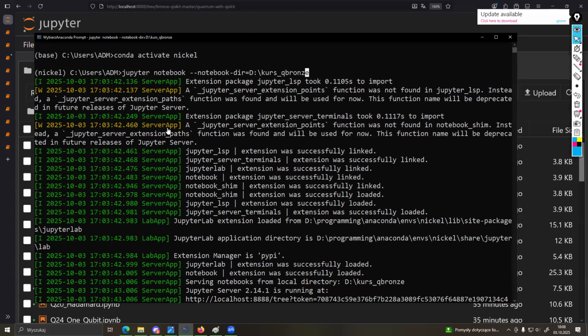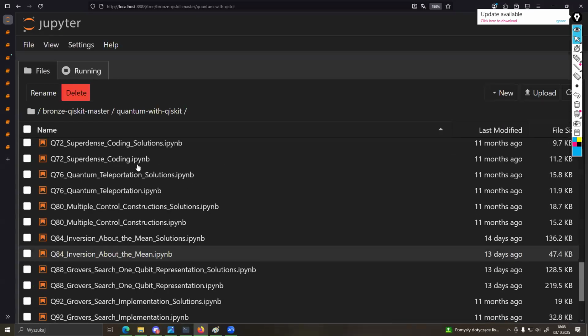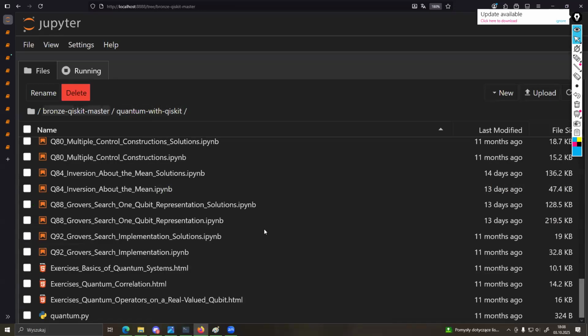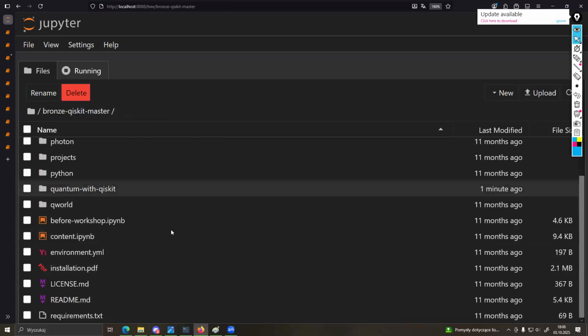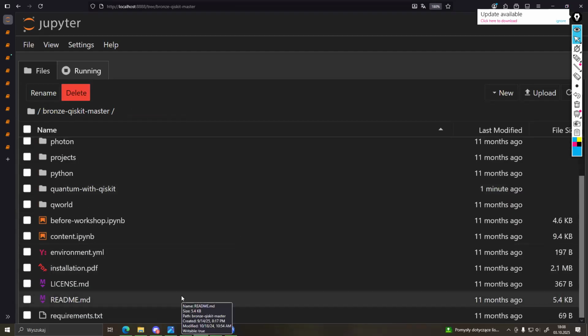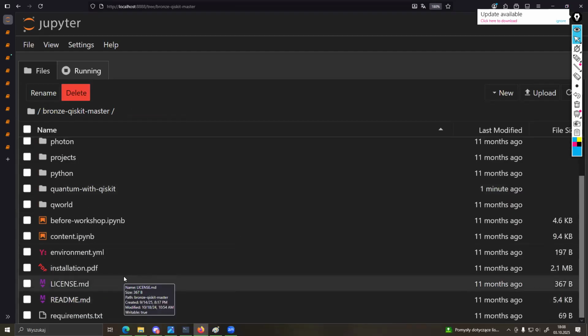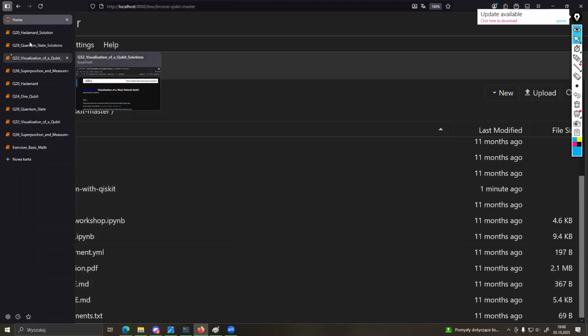This is the application that comes with Anaconda once you install everything from the installation instructions that were attached to our Qiskit repository. But without further ado, let's jump into today's lecture.